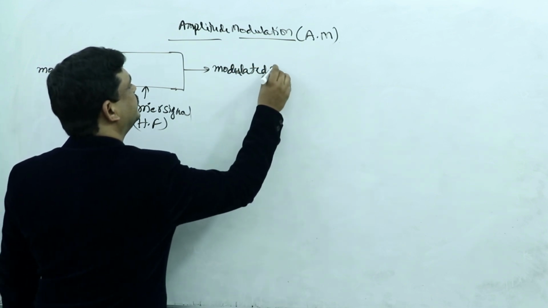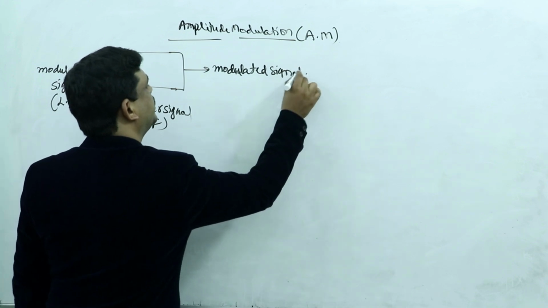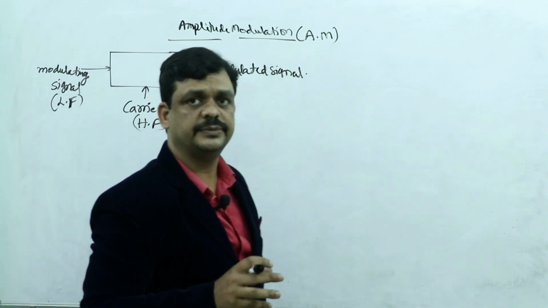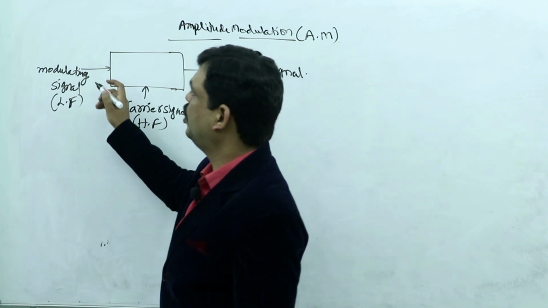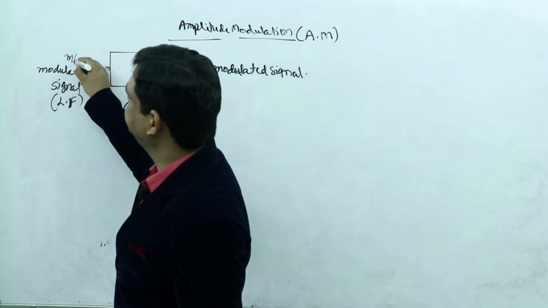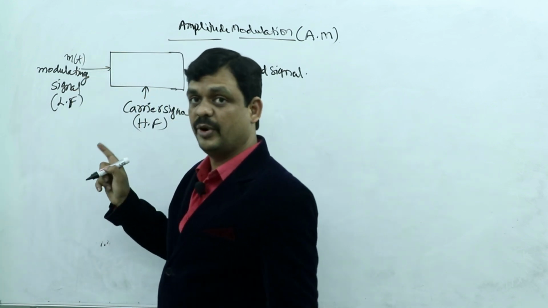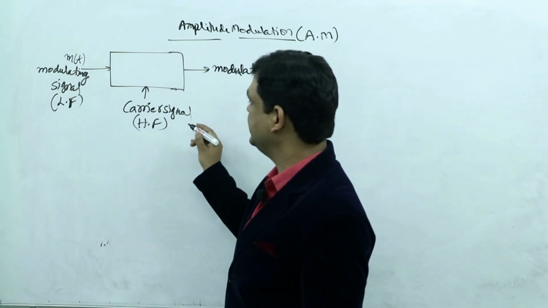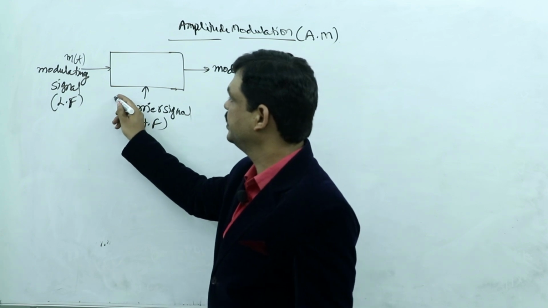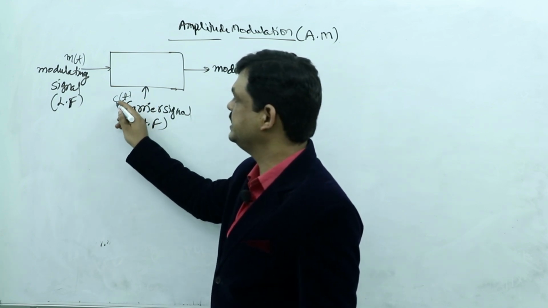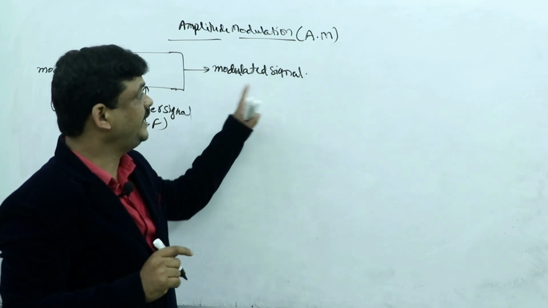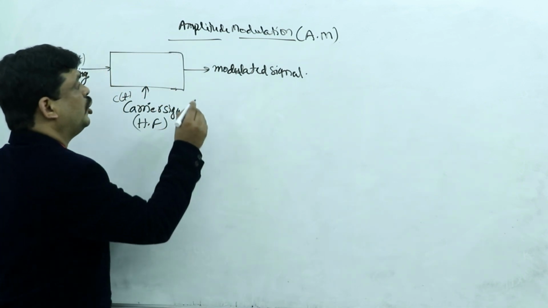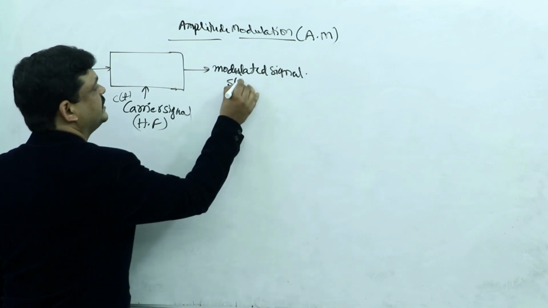Modulated signal. See, in a communication system, especially in an analog communication system, we always assume the modulating signal as M of t, the carrier signal as C of t, and the modulated signal we always write with the S of t representation.